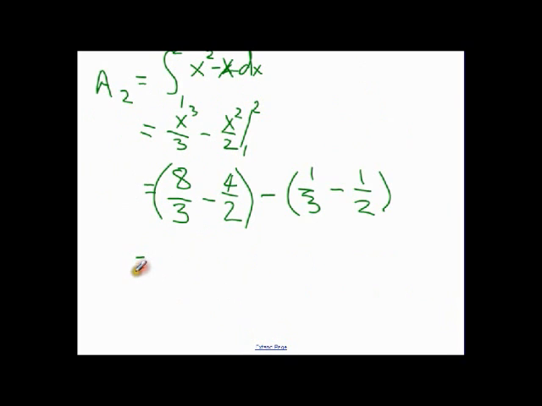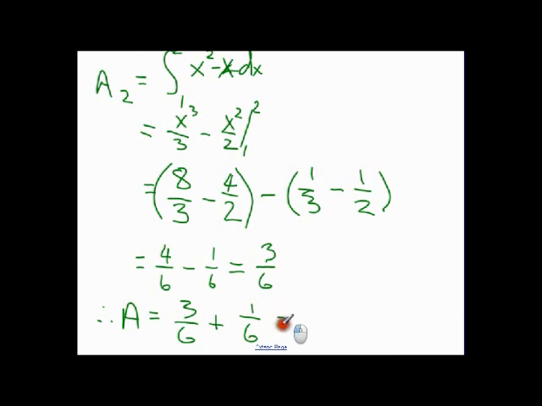So that means that here what we get is 4 over 6 minus 1 over 6. So we get 3 over 6. And now remember that the area is area 2, which is 3 over 6, plus area 1, which was 1 over 6. So this is 4 over 6, or 2/3.